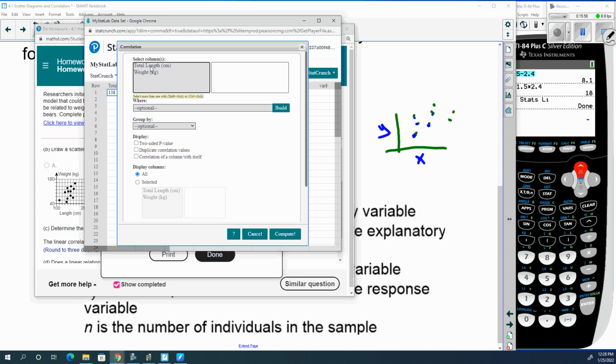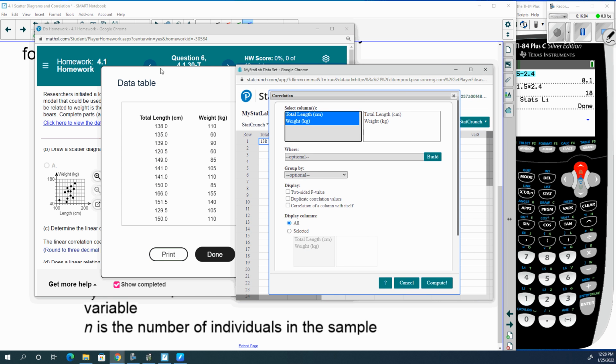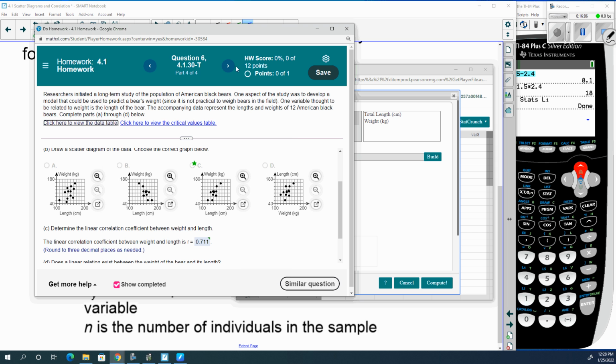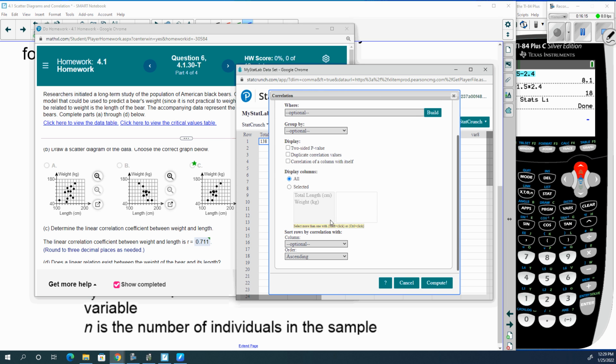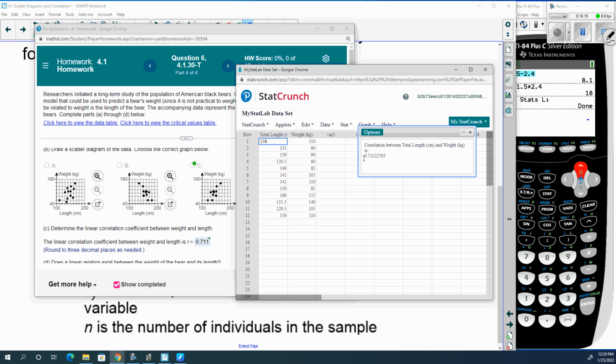The problem says determine the correlation between the weights and the lengths. So I select both of them, hit compute, and it tells me my correlation is 0.711, and that's what the answer should be.